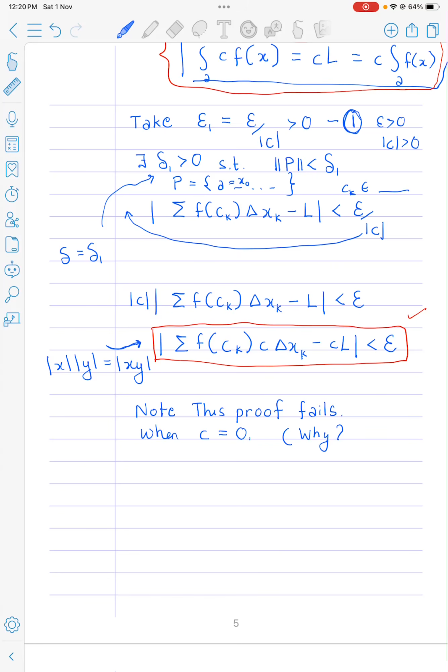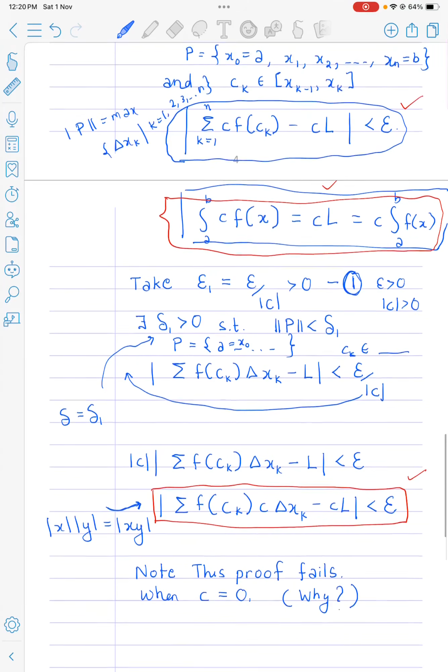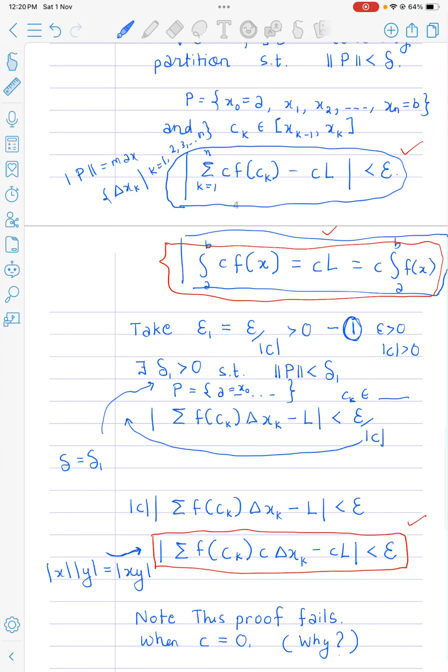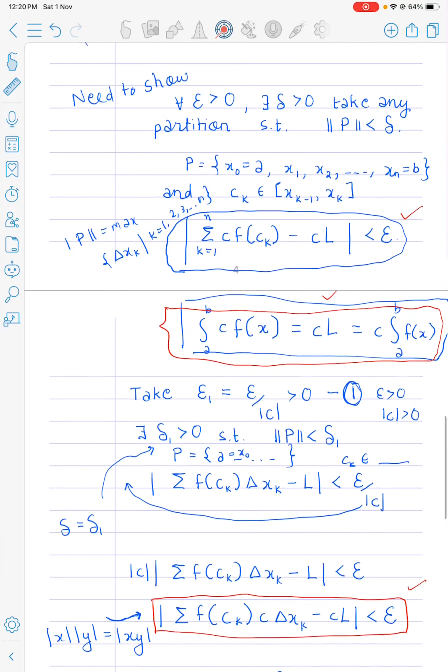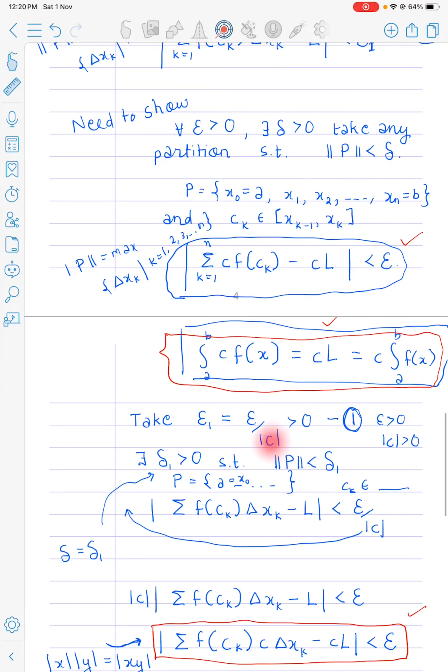Why? Let's see, why does it fail? First of all, if c is equal to 0, then dividing by 0 won't make sense here, right? That's the problem. If you take c is equal to 0, then it won't make sense here.